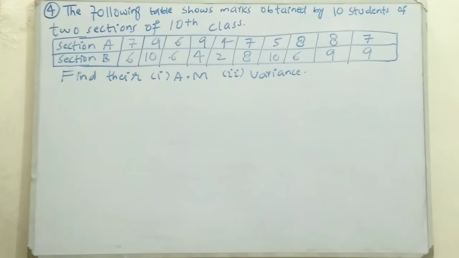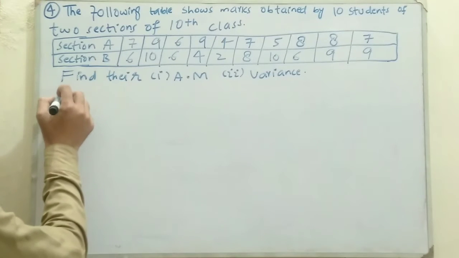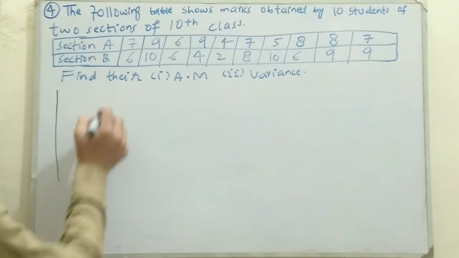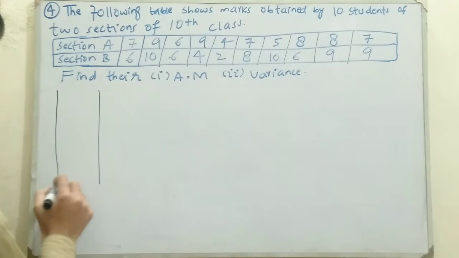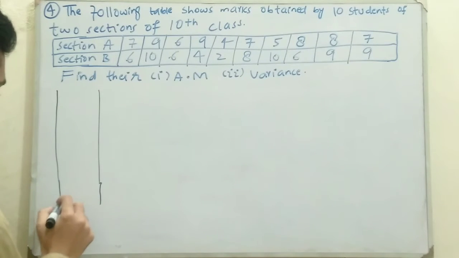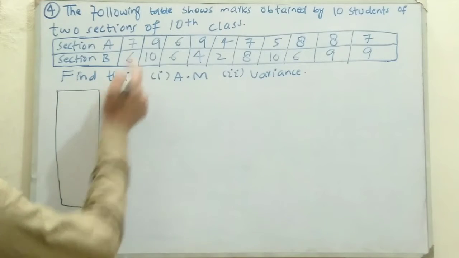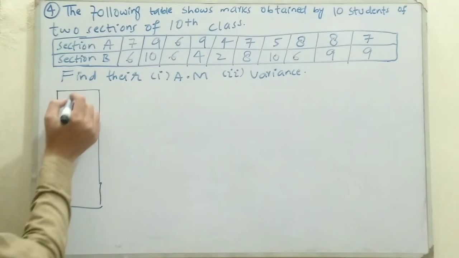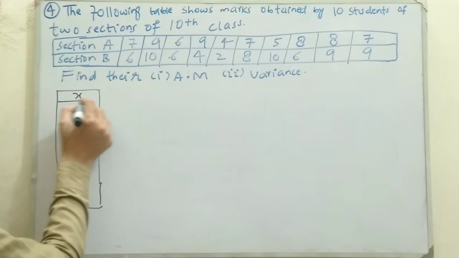So we are going to find variance and arithmetic mean for section A. Let's suppose this is the section A marks. These marks are equal to the midpoint x, so we can take it as x.